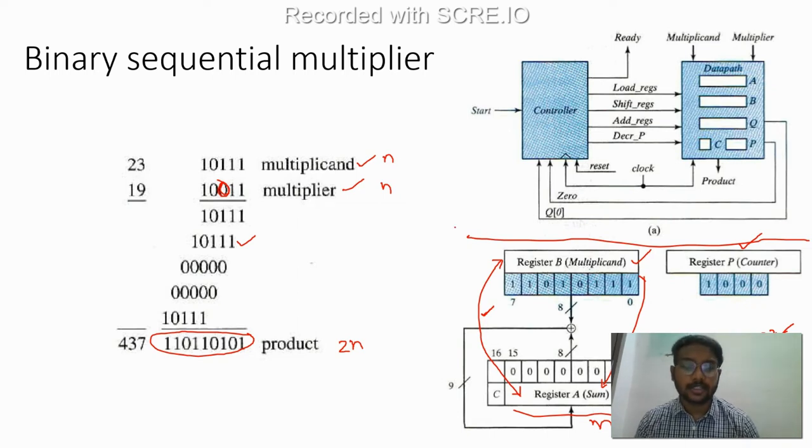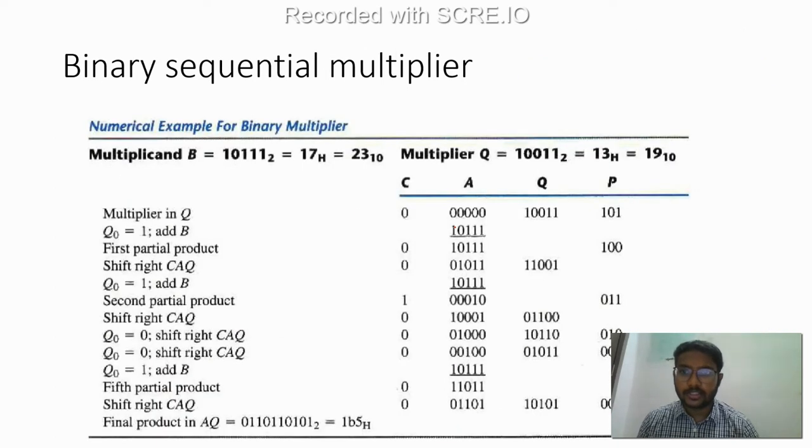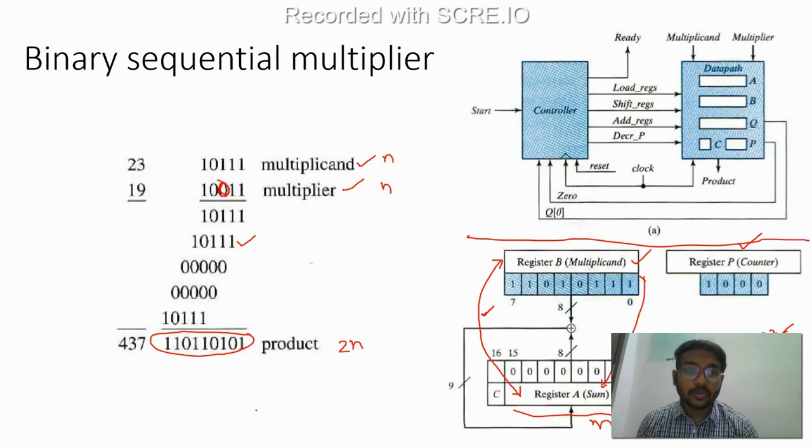Correct, yes, that is correct. I will explain it to you in the next slide. This is the example we will see here, how you form the final product. But as an initial go, I just want to tell here what states and what registers are required. The first step in designing is you need to have this block diagram.